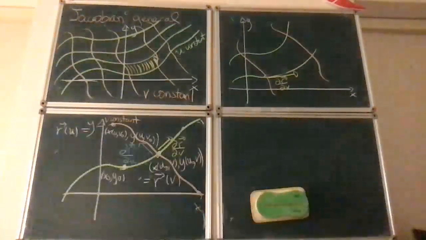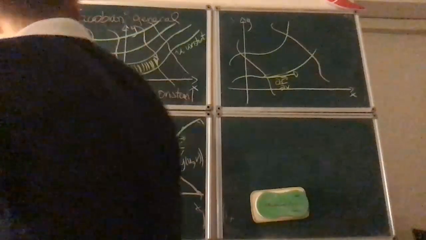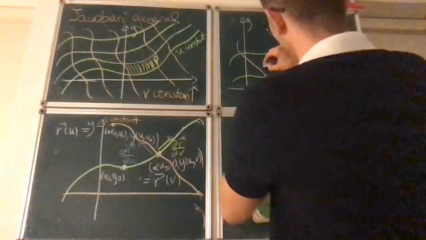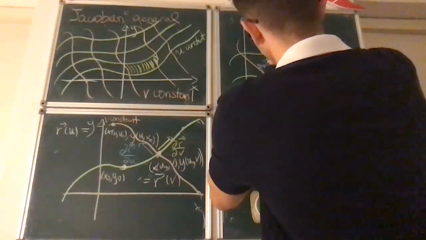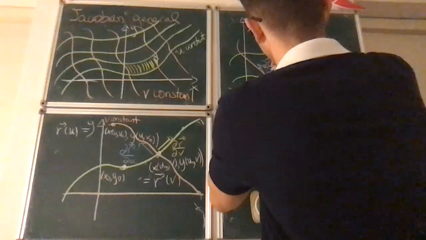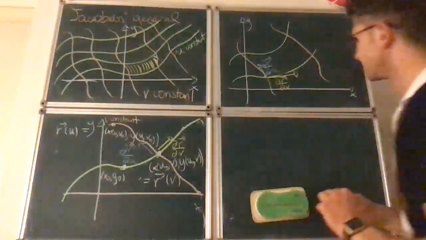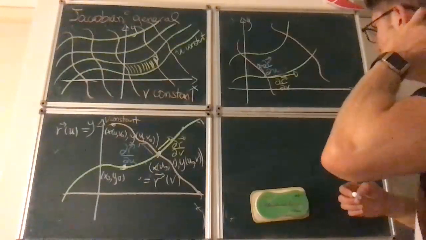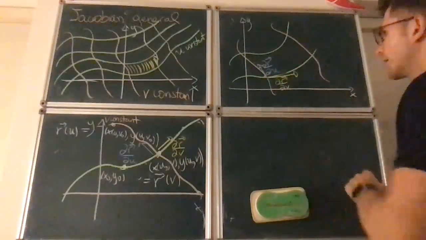And you also have a different velocity vector along the other curve, which is also tangent here. So it's just a partial derivative of the position vector with respect to u. Okay? And again, the point is that the displacement is like velocity times time.